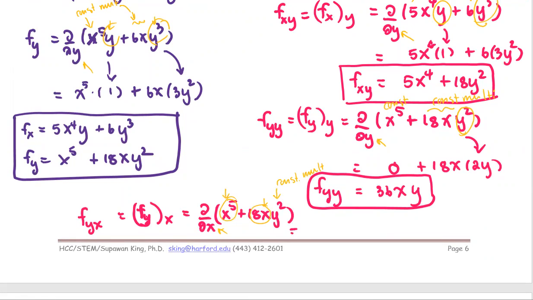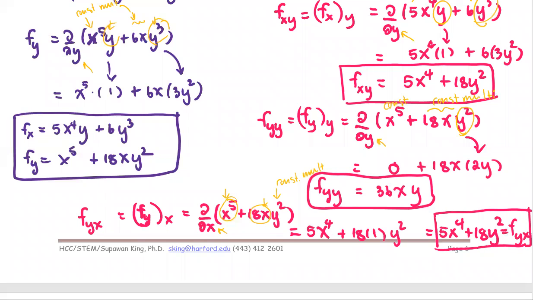So then we're going to get 5x to the fourth plus 18 times 1 times y squared, or 5x to the fourth plus 18y to the second, as the second partial derivative with respect to y and then with respect to x.